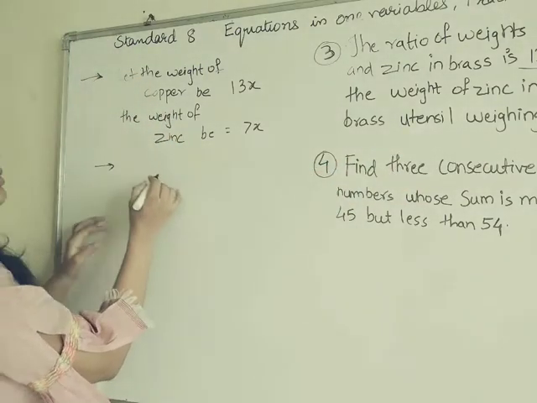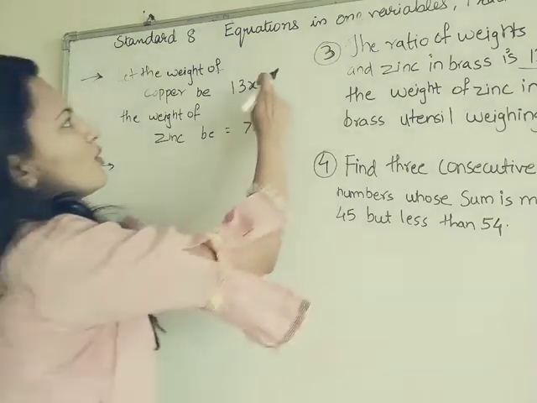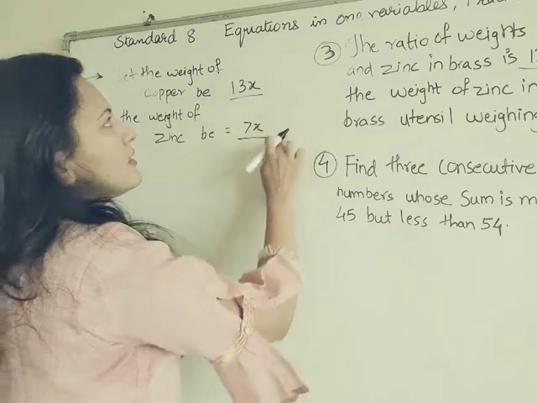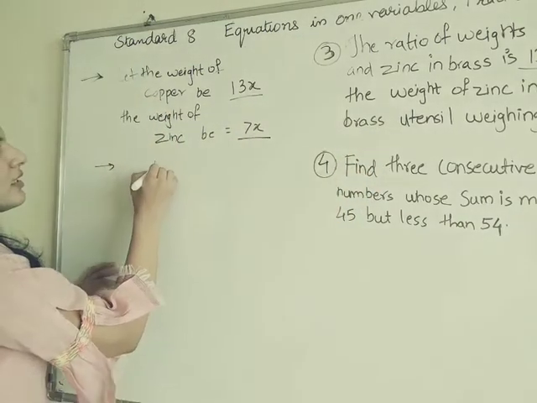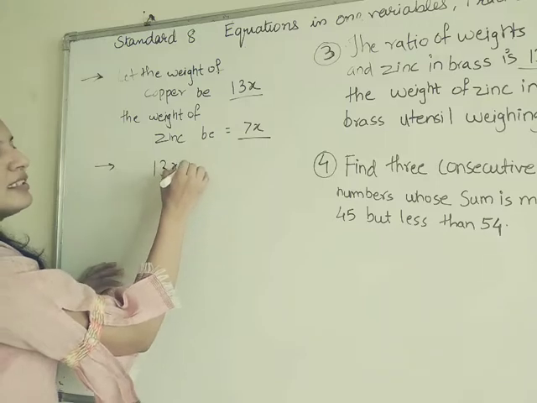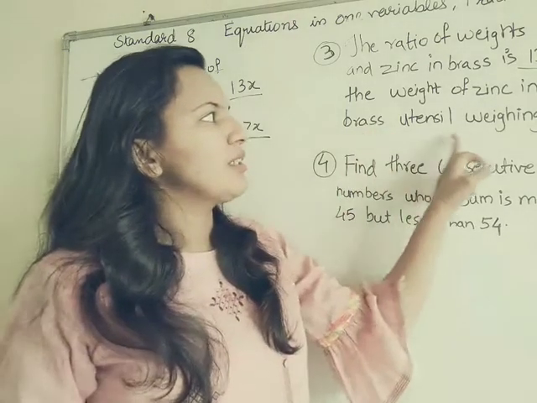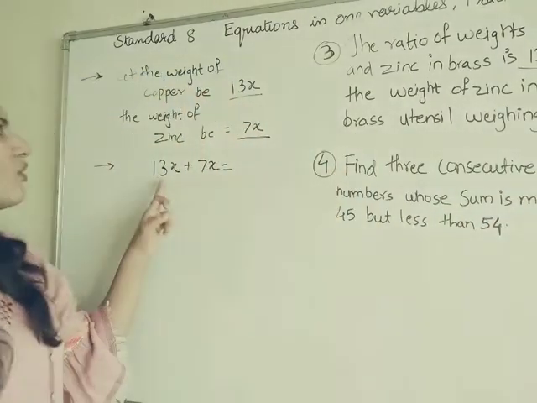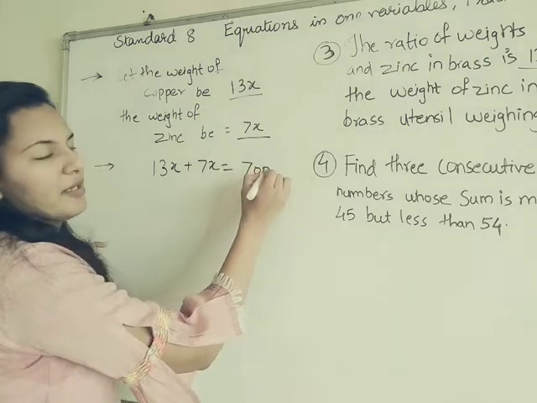So the second condition will be adding both the variables, this is copper and this is zinc. So copper plus zinc is equal to brass. So 13x plus 7x is equal to brass utensil weighing 700 gram. Brass is a combination of copper and zinc, equal to 700 grams.